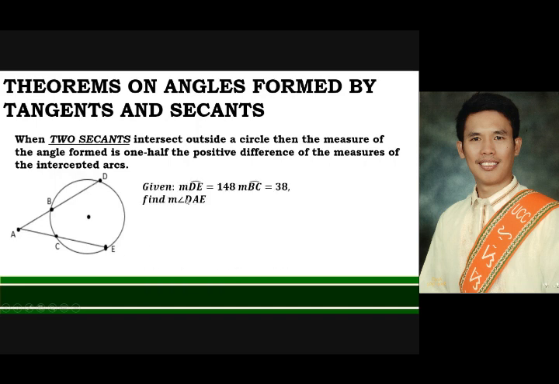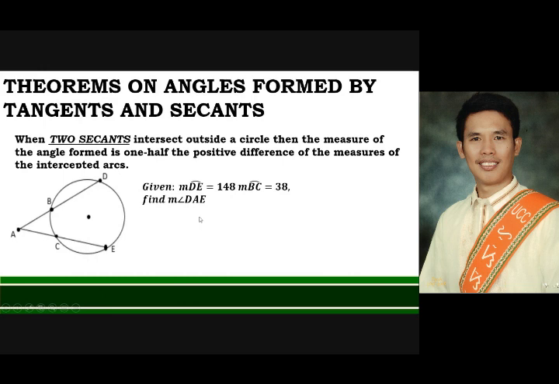So, for example, the arc DE is equal to 148 degrees and arc BC is 38 degrees. Let us try to identify the measure of angle DAE. Ito po yun, yung angle na yun. From the definition daw, 1/2 ng positive difference ng arc DE at ng arc BC.